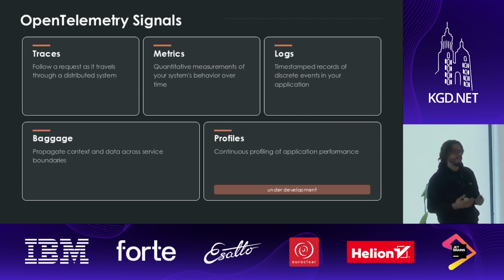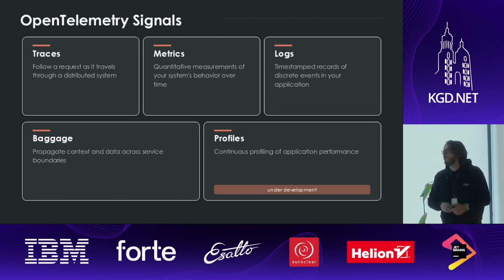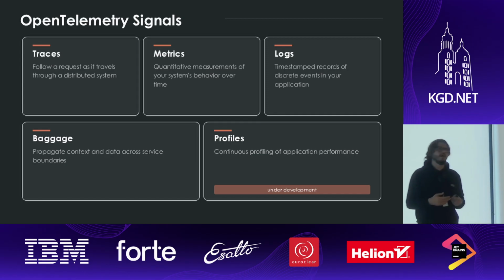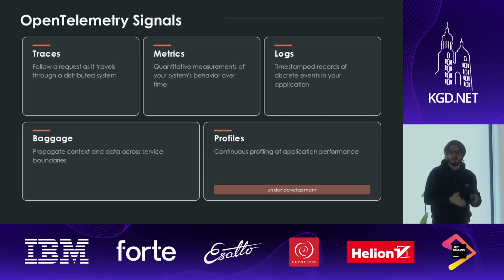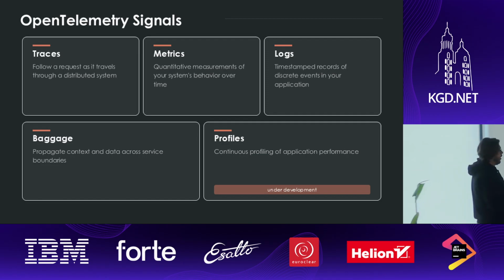We can see the path of our request, for example, from service A to service X, whatever. Metric is some measurements which we can get in this particular moment. And logs are some events which happen in our application, and we can gather them with OpenTelemetry as well. Also, we have baggage.